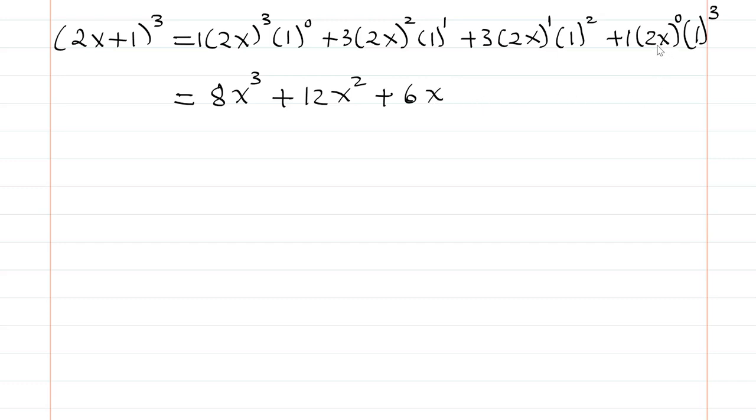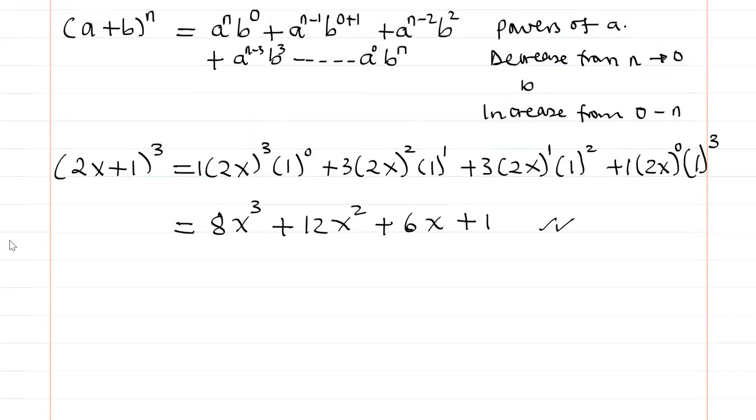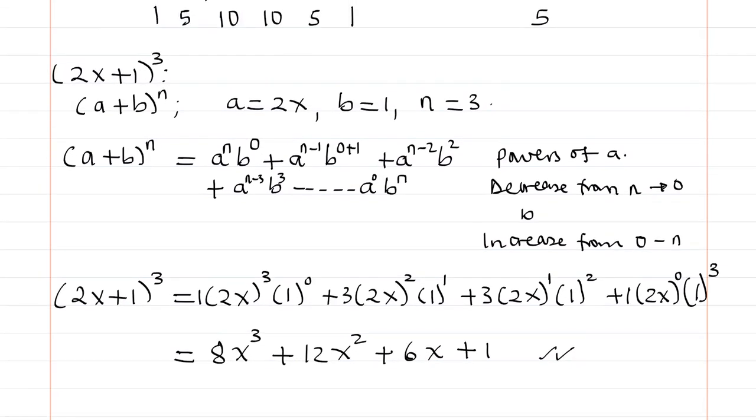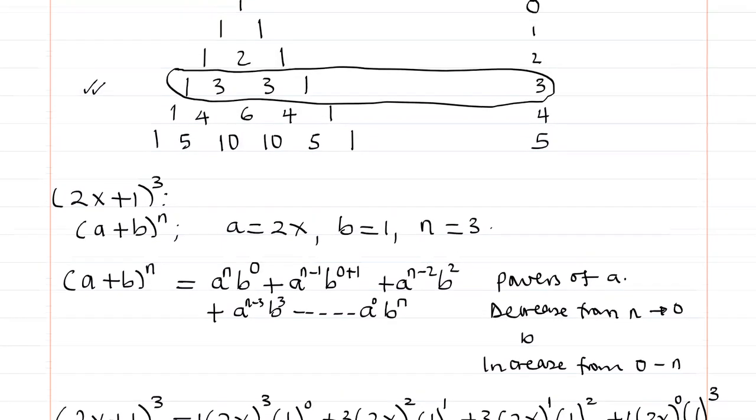And then 2x to the power 0 is 1. 1 to the power 3 is 1. So 1 times 1 times 1 is still 1. So here we shall have plus 1. And this is the answer when we are using Pascal's triangle to expand that given question.